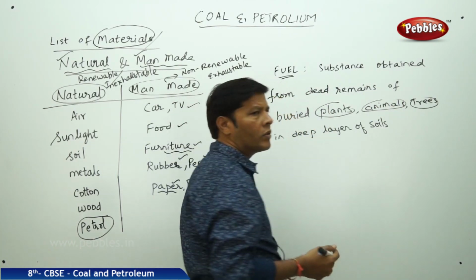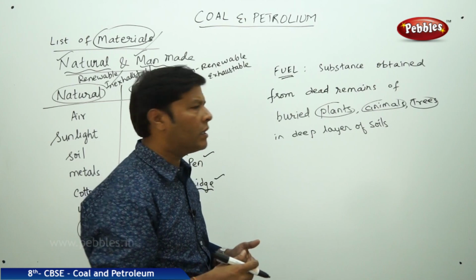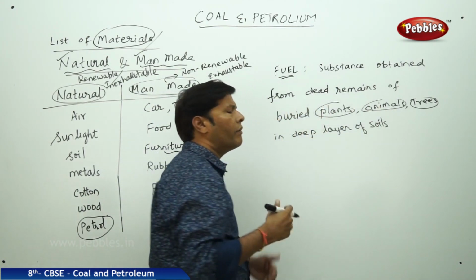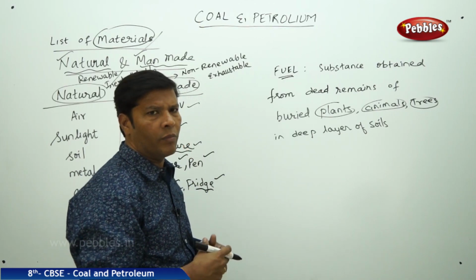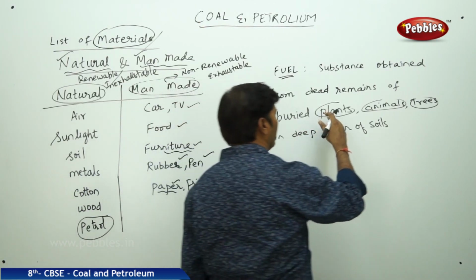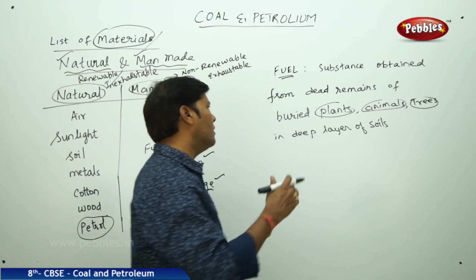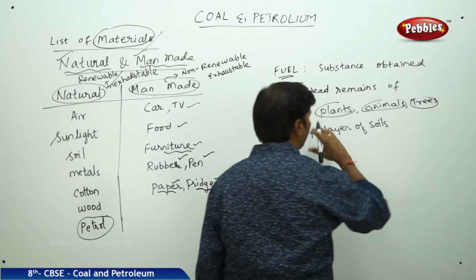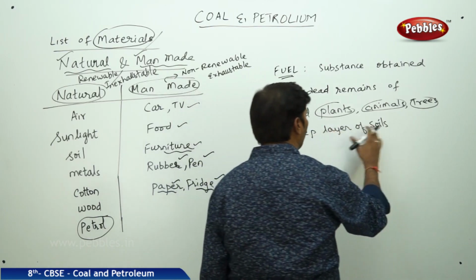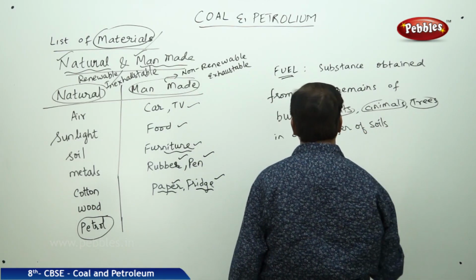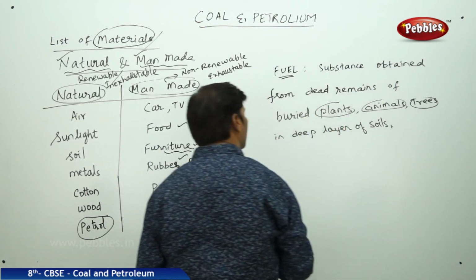These animals, because of the landsliding, or they were available at the wetlands, but because of the adverse calamities of the atmosphere, these plants, animals and trees were just trapped in the deep layers of the soil. In the deep layers of the soil, they were buried millions of years ago, and because of that, what is happening?